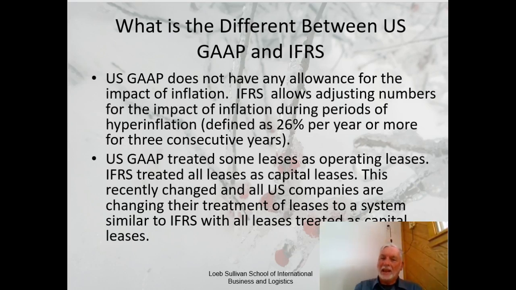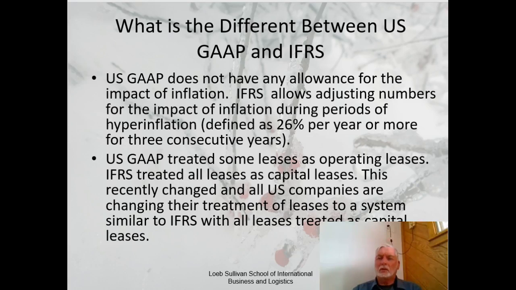GAAP does not have any allowance for the impact of inflation. IFRS does. It allows adjusting balance sheet numbers, assets, and liabilities for the impact of inflation if the company is operating in a hyperinflationary environment, which they define as anything with 26% per year or more of inflation for 3 consecutive years.